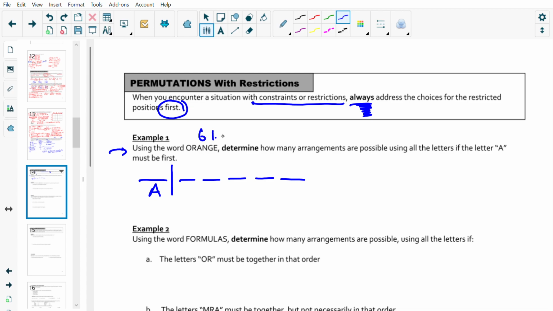Orange has 6 letters. The first letter must be A. So how many ways can we select the letter A? Just one way, just one A. And then the rest of the letters are O, R, N, G, E, so you have 5 choices.